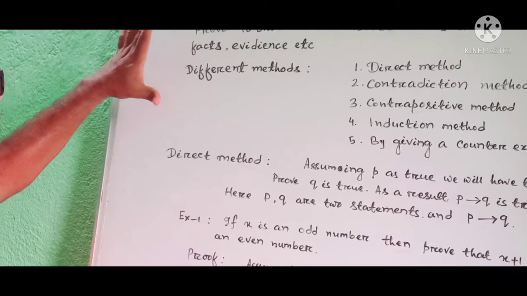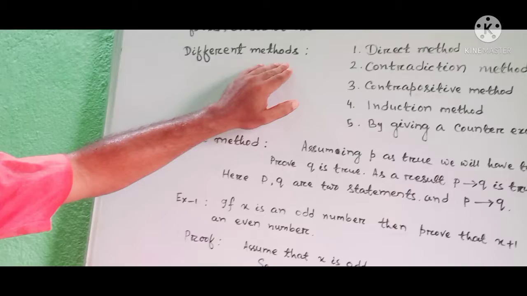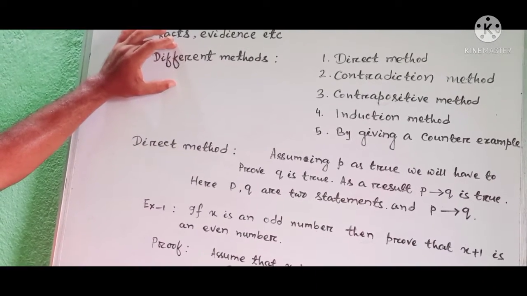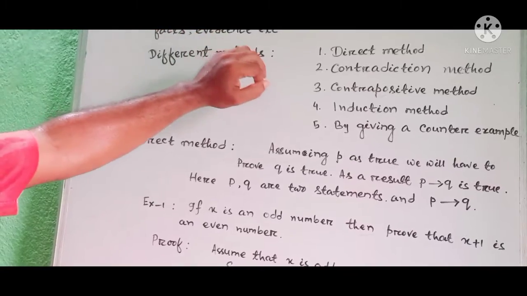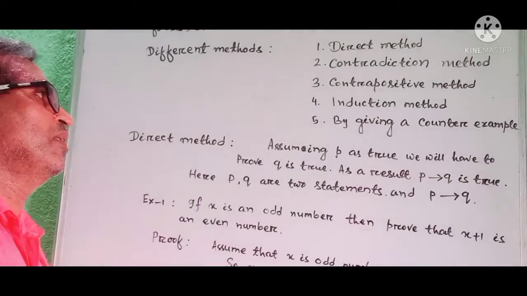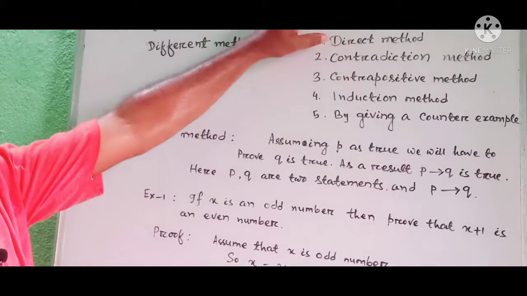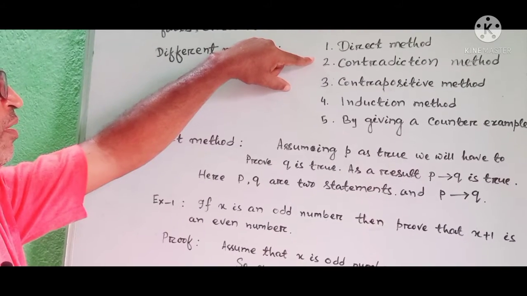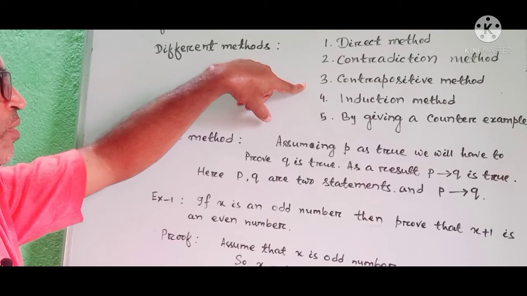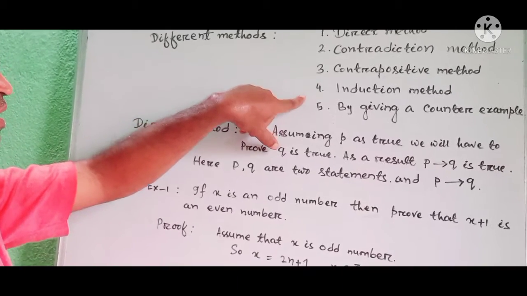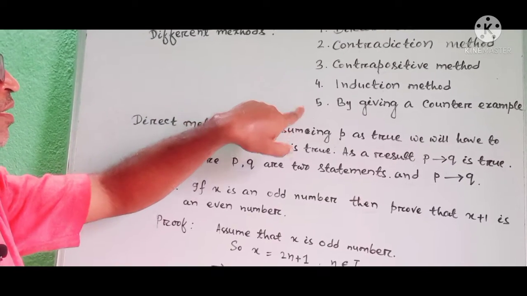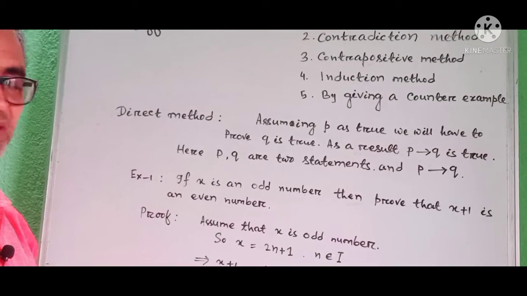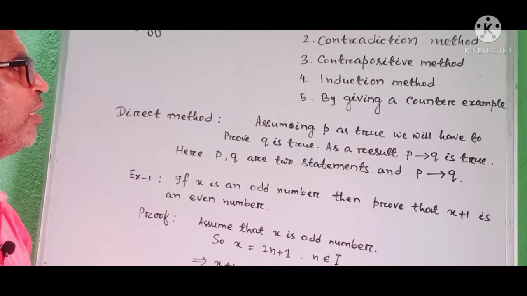Now come to different methods. Different methods in mathematics for proving a statement: one is the direct method, second is the contradiction method, third is the contrapositive method, fourth is the induction method, and fifth is by giving a counterexample.